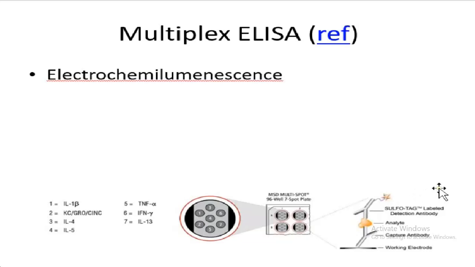And when you put an electric current across the plate, it will cause this sulfo tag to give out light. And based on the amount of light produced in each one of these dedicated regions of the plate, will give us an indication of how much of the analyte has been detected.